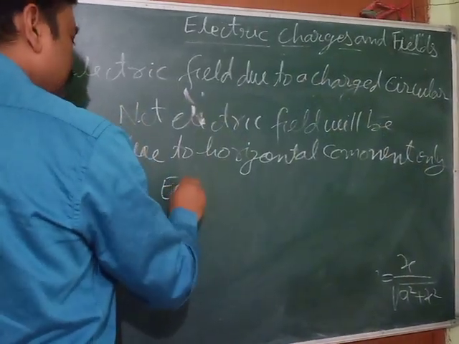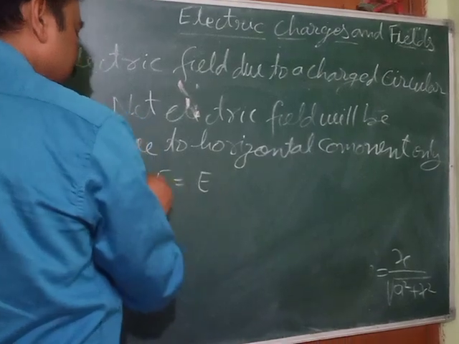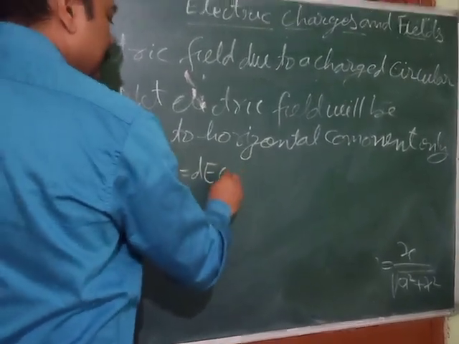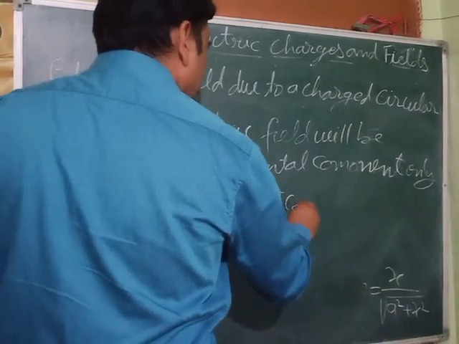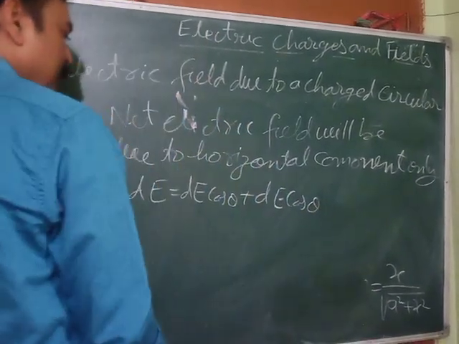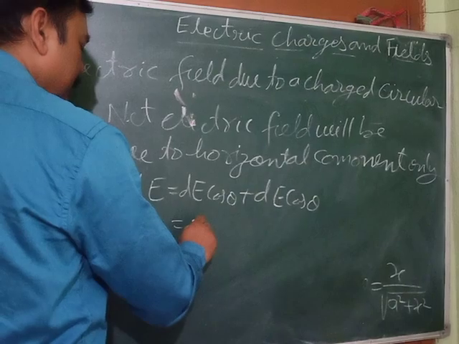So E is equal to, or dE is equal to dE cos theta plus dE cos theta. Okay, that we can write.